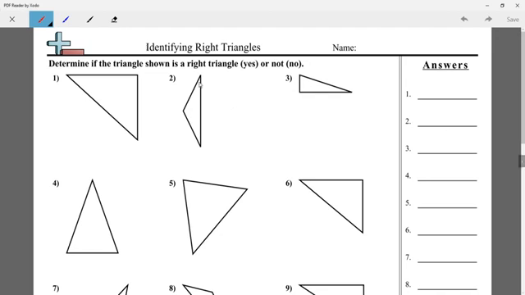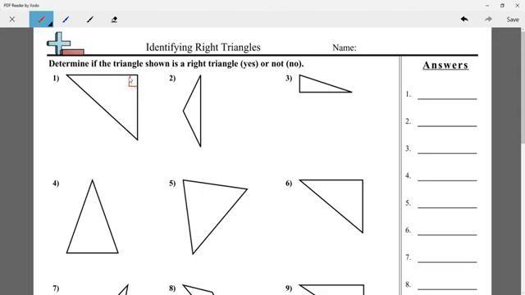Now, the three angles of any triangle add up to 180. Just by definition, if it is a triangle, and all of the sides connect, then the angles will add up to 180 degrees. So, let's look at the first one. The first one is a right triangle, because this right here is a right angle.